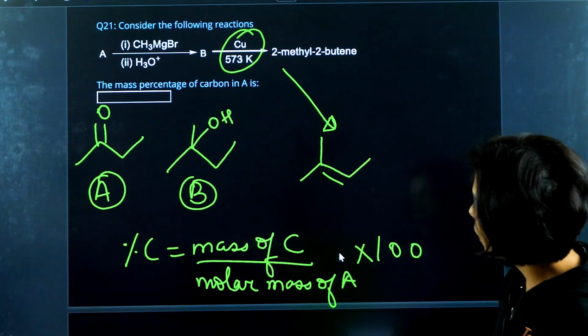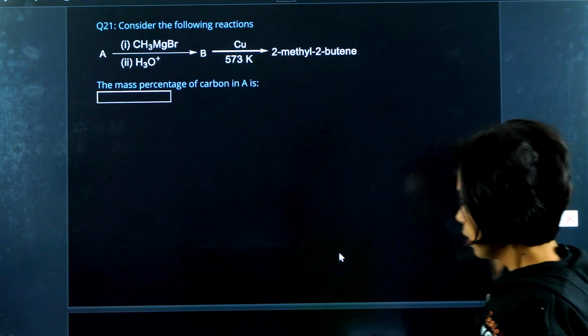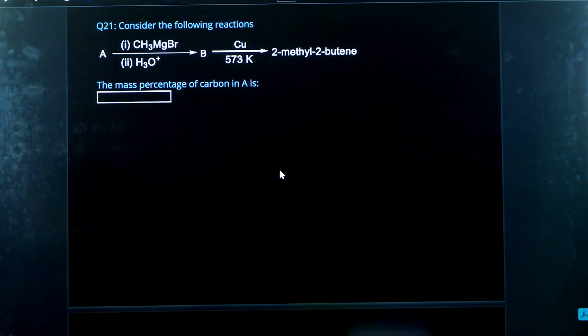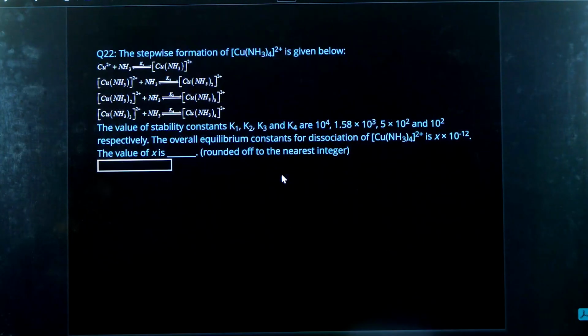So I hope you get your answer correctly. Yes, done. So the numeric value answer to this is indeed 66.67 that you should mark. The mass of carbon is 12 into 4 divided by the molar mass, that is 72.